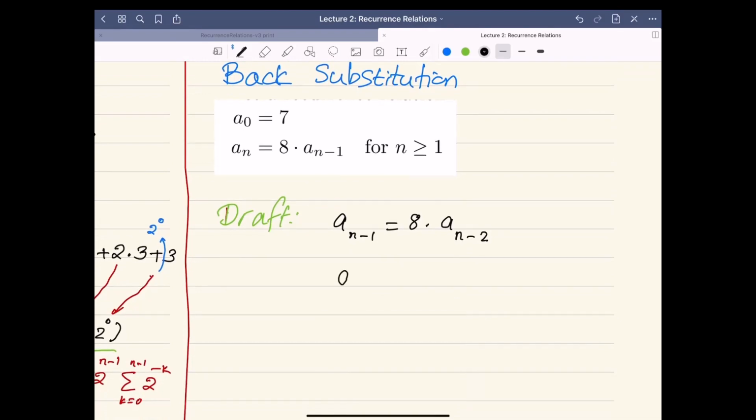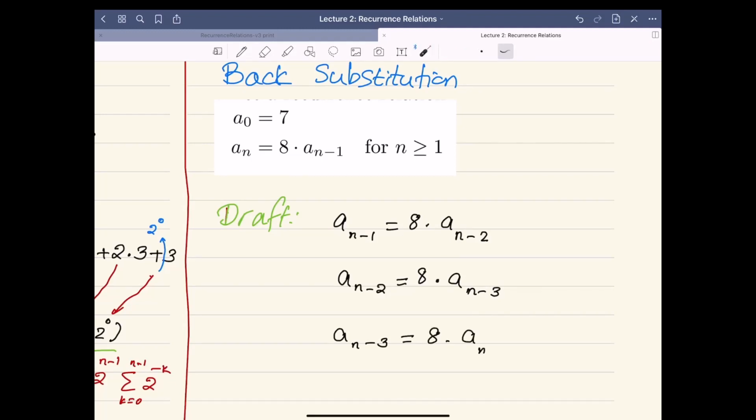Find now the equation for an minus 2. So an minus 2 is equal to 8 multiplied by an minus 3. Again, if you look at the equation, if this is n minus 2, then n minus 2 minus 1 will be n minus 3. Let us find for an minus 3, and it is equal to 8 multiplied by an minus 4.